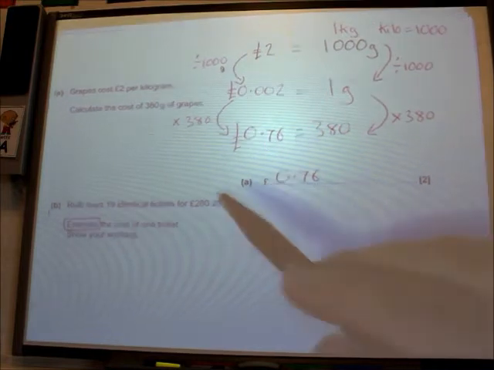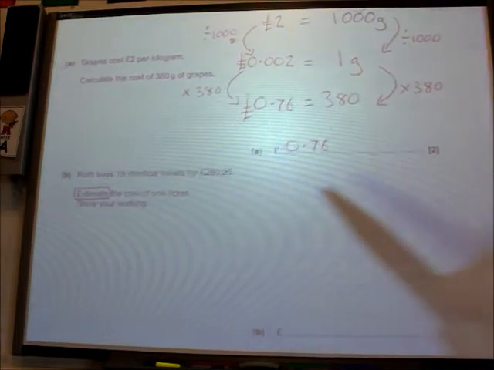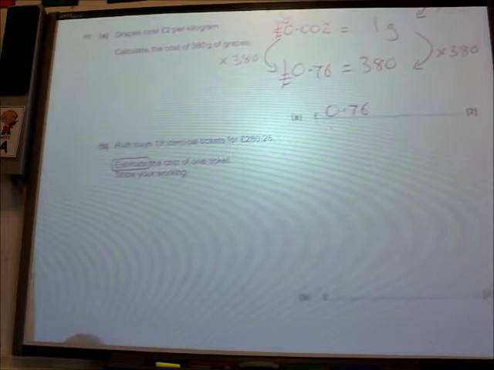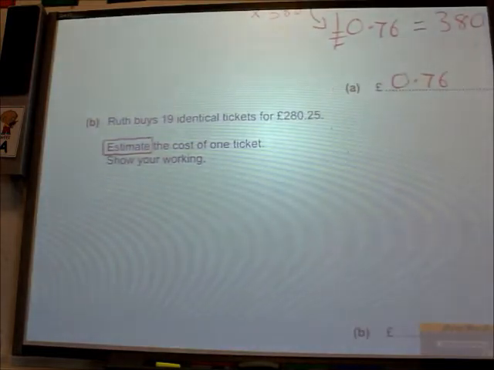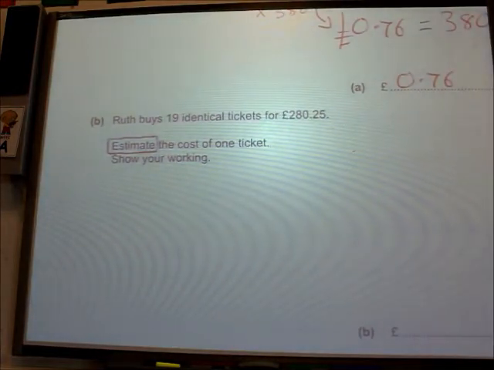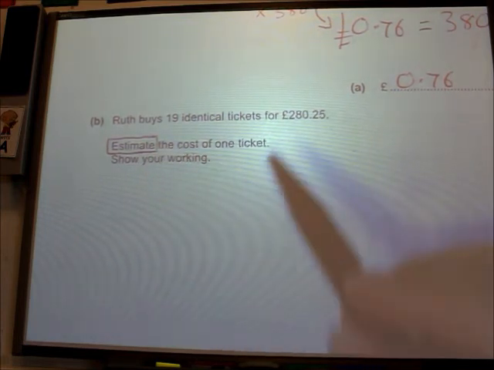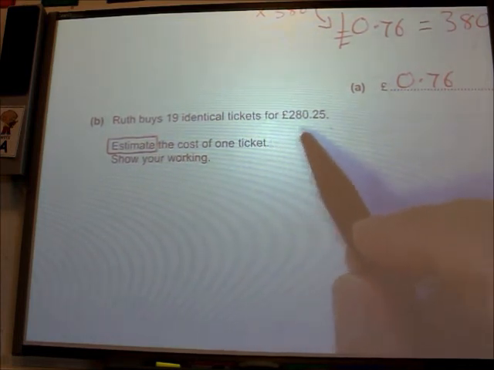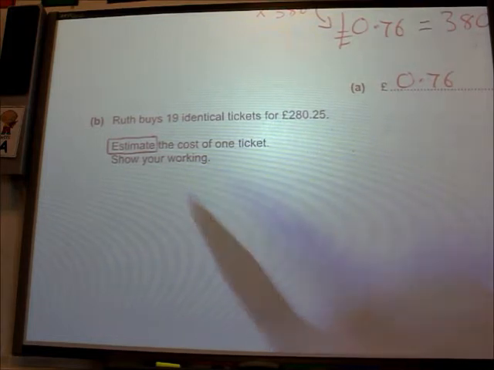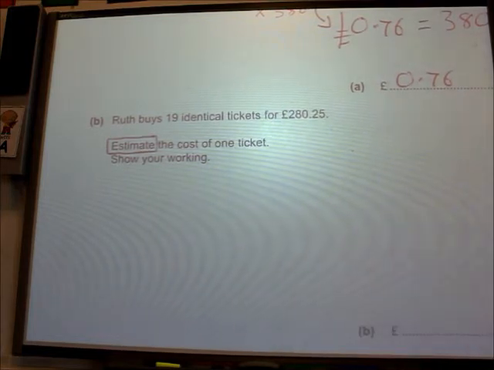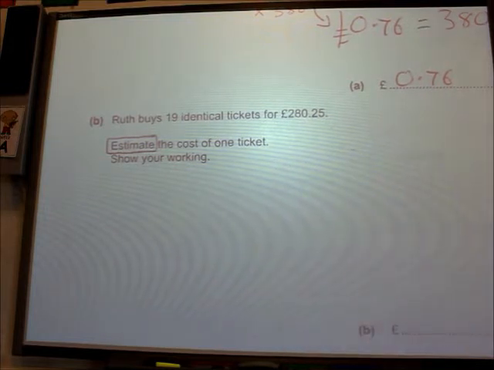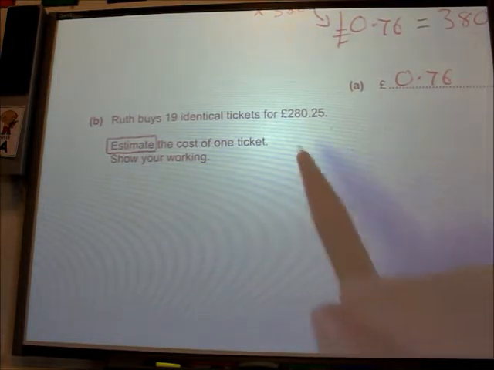Next one. Ruth buys 19 identical calculators for £280 and 25 pence. Estimate, sorry, I don't know why I said calculators. Ruth buys 19 identical tickets for £280 and 25 pence. Estimate the cost of 1 ticket. There are 2 answers for this. You can either do 280.